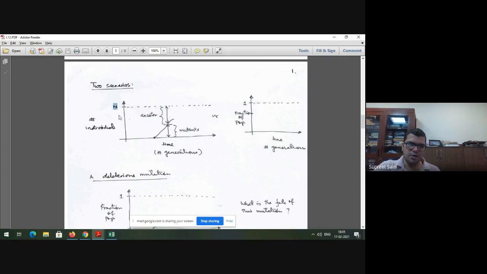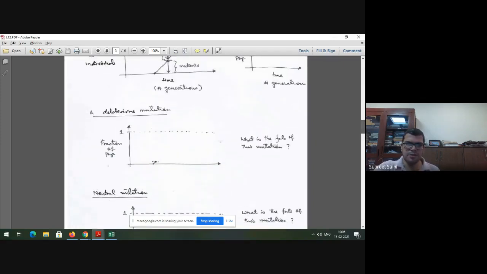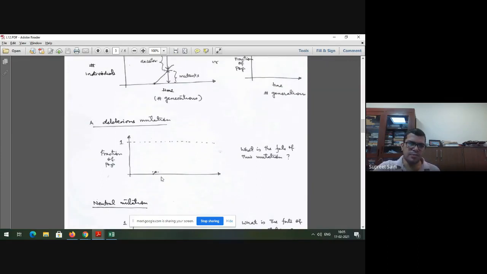I could do this with respect to n, or with respect to the fraction of the population that is one particular genotype or the other. That's a standard representation. Now let me ask you this. A deleterious mutation happens at this particular point.